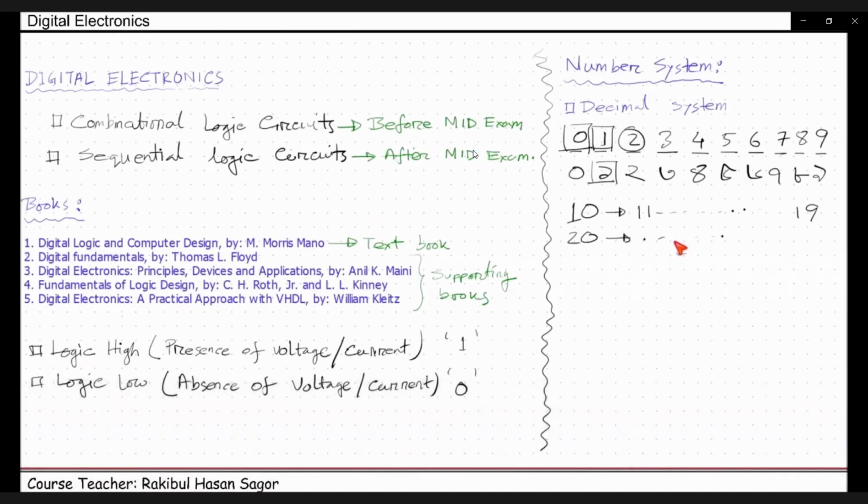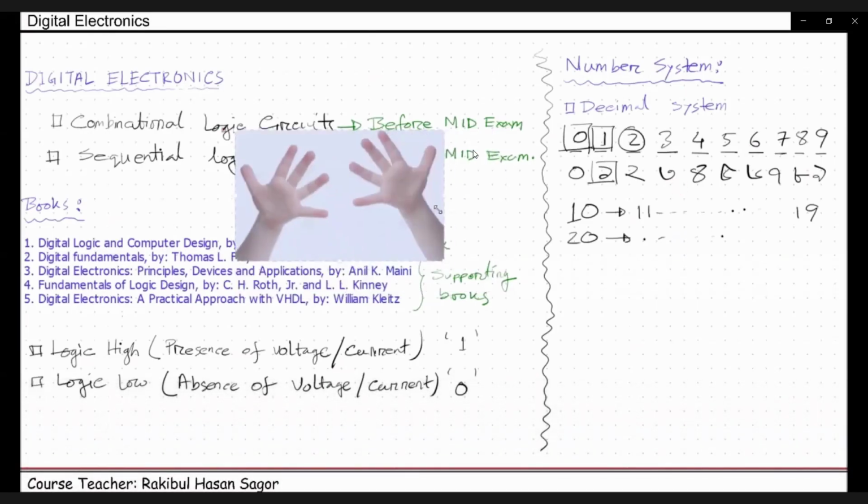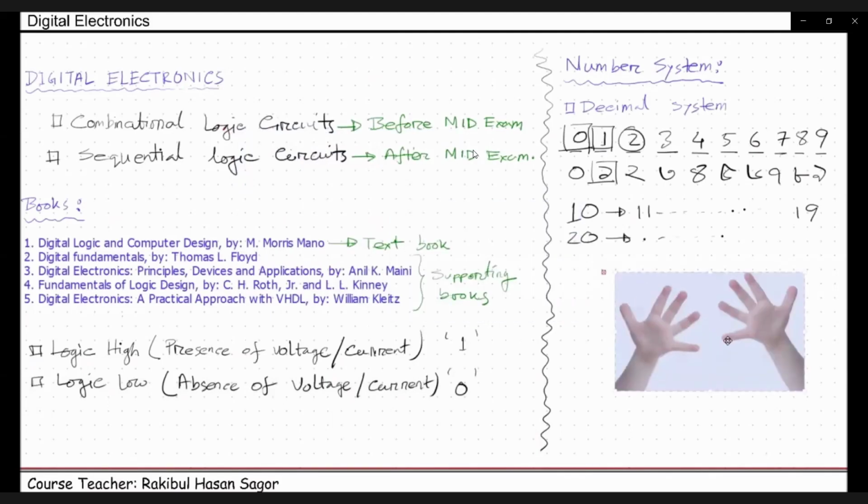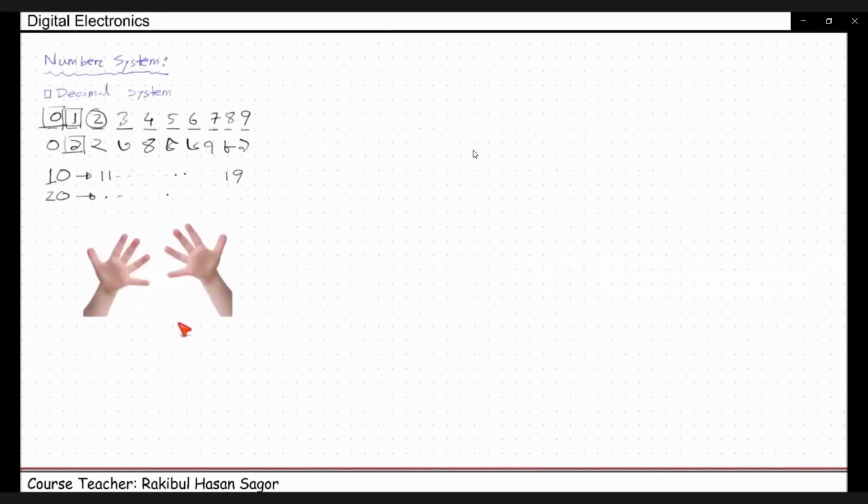History says it came from the number of our fingers. Human beings have 10 fingers, so in ancient days people started counting using fingers to represent the complete number. That is the decimal system.